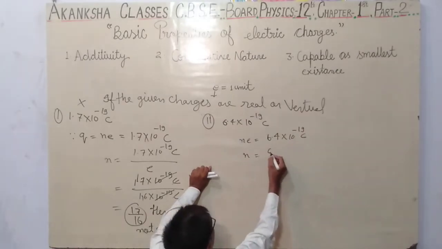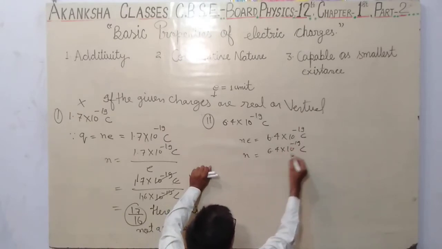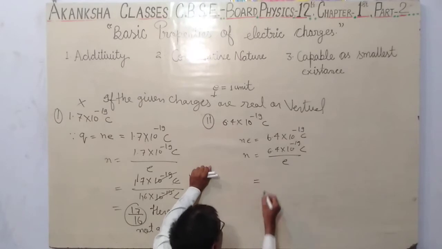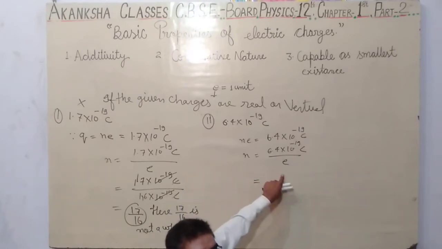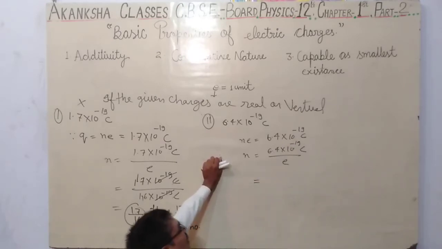N equals 6.4 into 10 power minus 19 coulomb by E, as E is called electronic charge or quantization of charge.